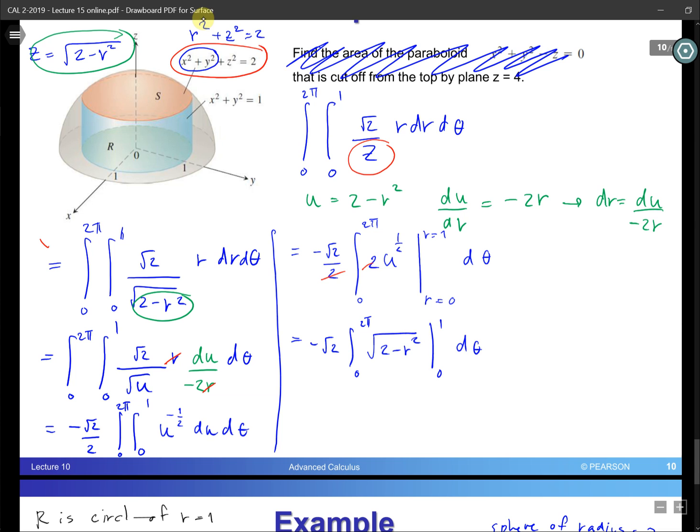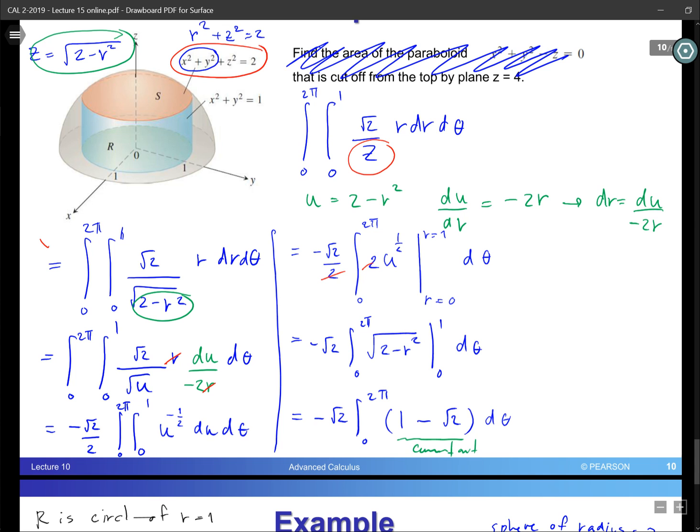Alright, 1 goes in, this becomes square root of 1, so it becomes 1. Minus, 0 goes in, this becomes square root of 2. Alright, and integrate this with respect to theta. And you can see that this is just a constant.